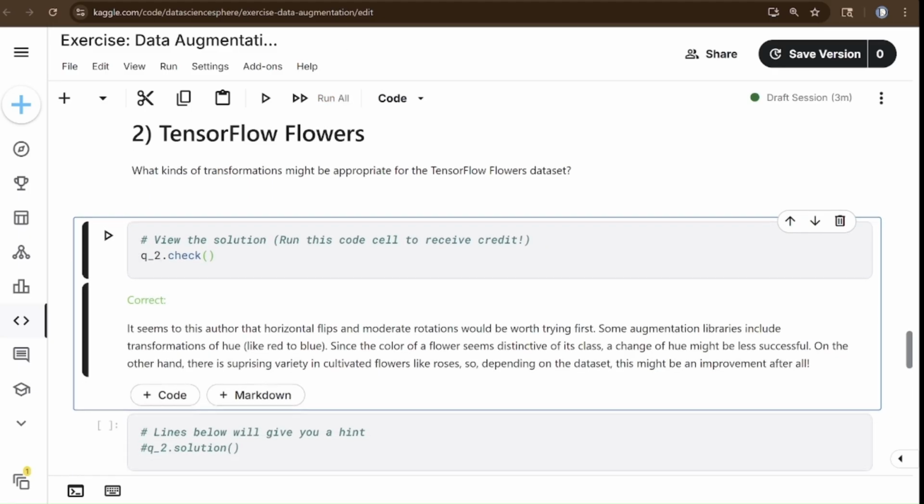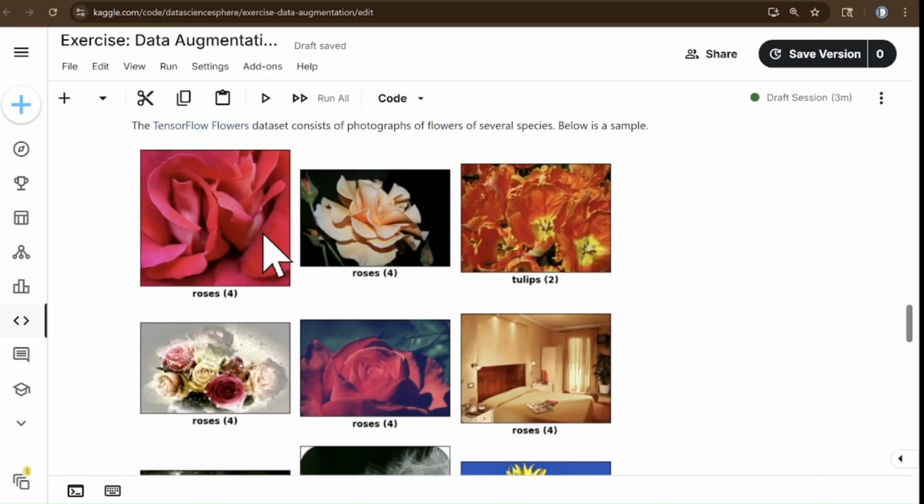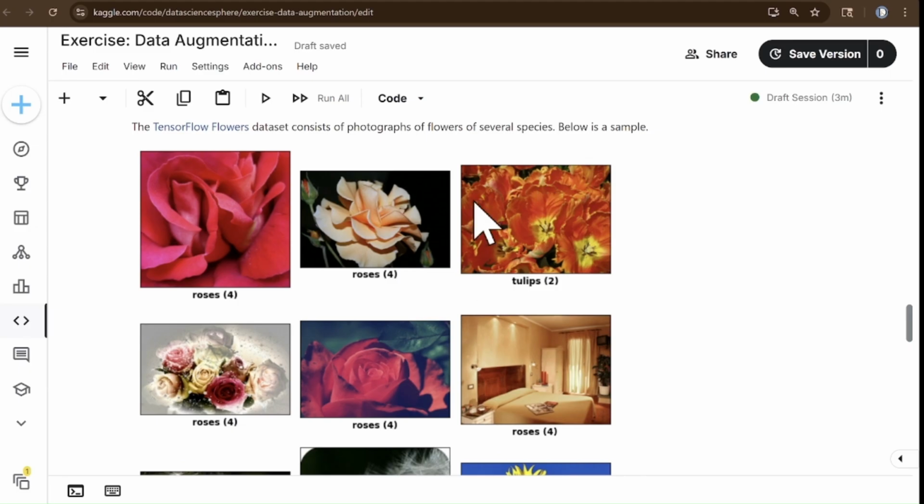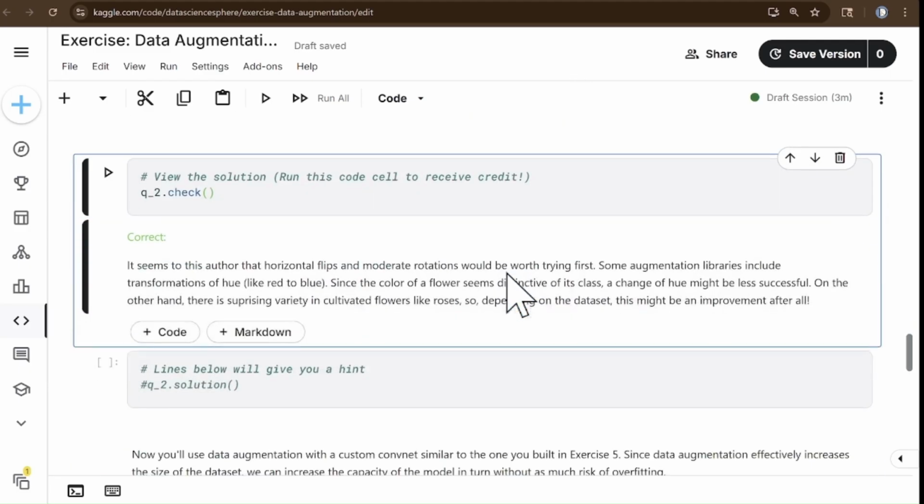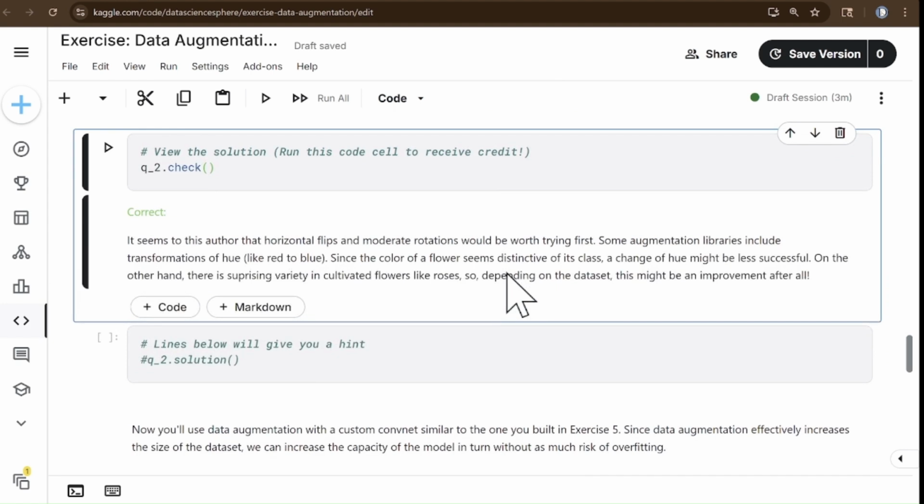It seems that you can do horizontal flips, moderate rotations. Since augmentation libraries include transformations of hue like red to blue, and since the color of a flower seems distinctive, a change of hue might be less successful. They are saying that roses or tulips, if you change them to some other color, there may be a problem, so don't go for that, but you can do rotation types.